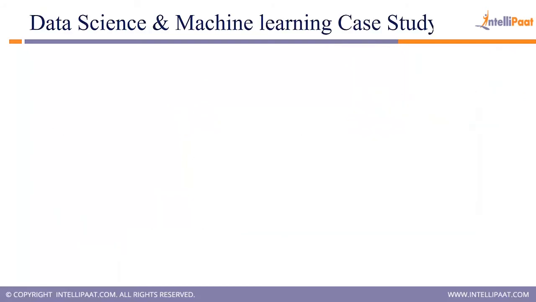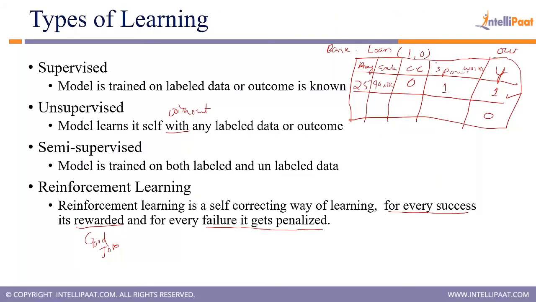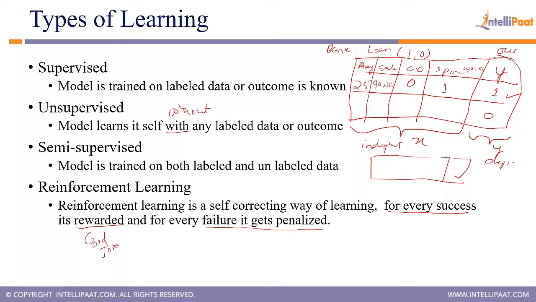Label data here refers to the outcome, right? This is your label data. Some point of time you won't get the label Y value, and these refer to your X value, and this is your Y which you need to predict. These are also referred to as independent data. This is your dependent data.